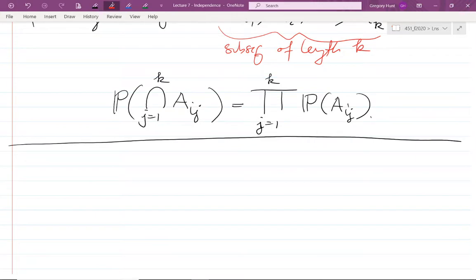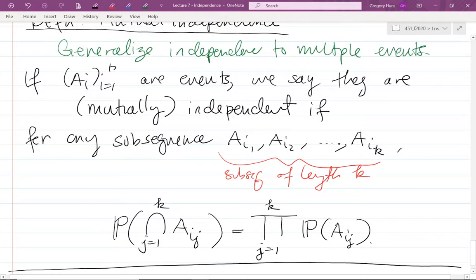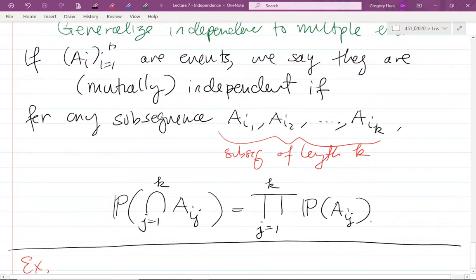So, examples. In order to check mutual independence, the definition says that for any subsequence of any length, this product rule holds. So if I gave you a sequence of events, typically you would have to check that for every subsequence of any possible length, the multiplicative rule holds.